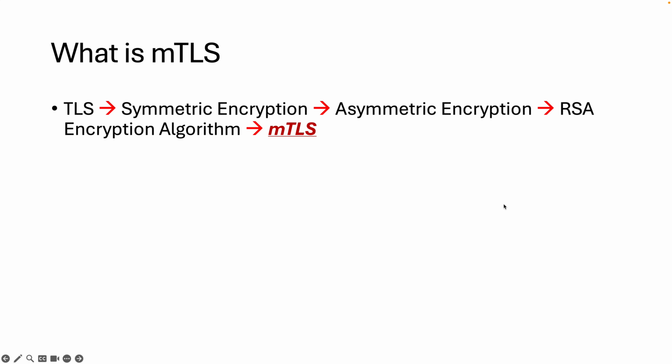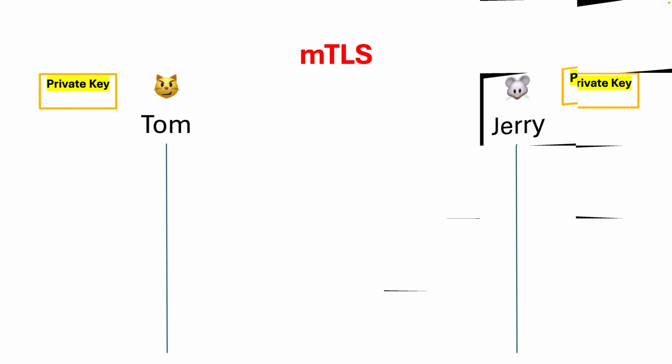Okay, now we're clear with what is TLS, what is symmetrical encryption, what is asymmetrical encryption, and what is the RSA encryption algorithm. Now let's take a step back to Tom and Jerry's case to see what mTLS is.